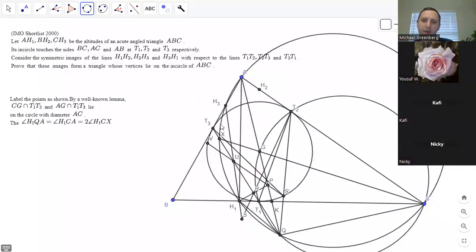So we know this is an angle bisector. We also know that this, if we define it this way, would be an angle bisector. This problem drives me crazy.